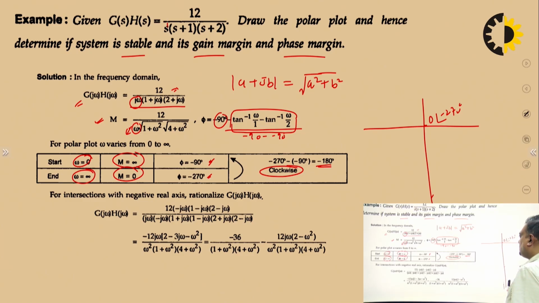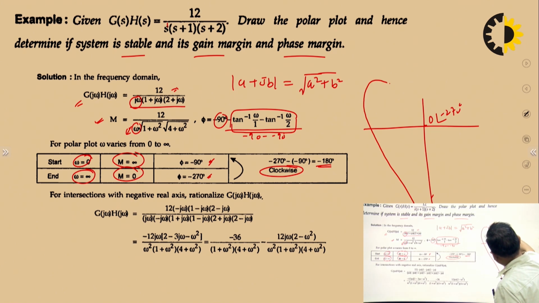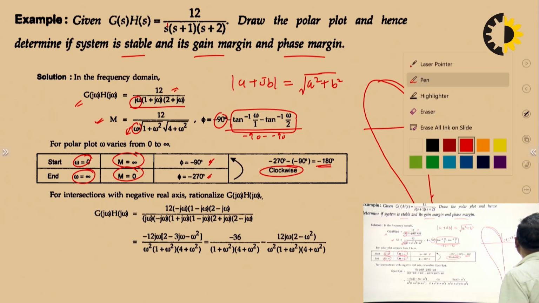So we have to move from infinity, minus 90, from here to here by making an angle of minus 180 degrees.